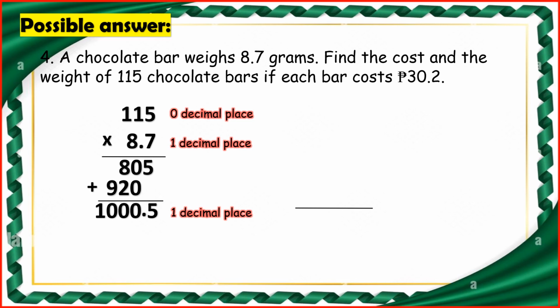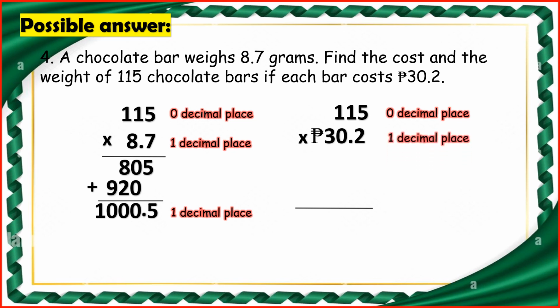So to find the total cost of 115 chocolate bars, we will multiply 115, which has 0 decimal places, by the cost of a chocolate bar, which is 30 pesos and 20 centavos. So it has 1 decimal place.